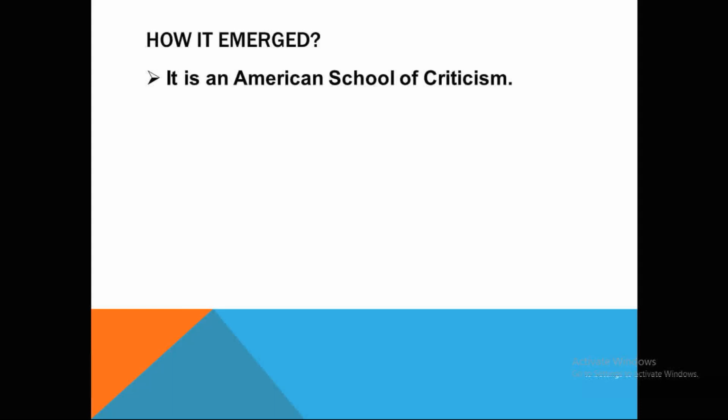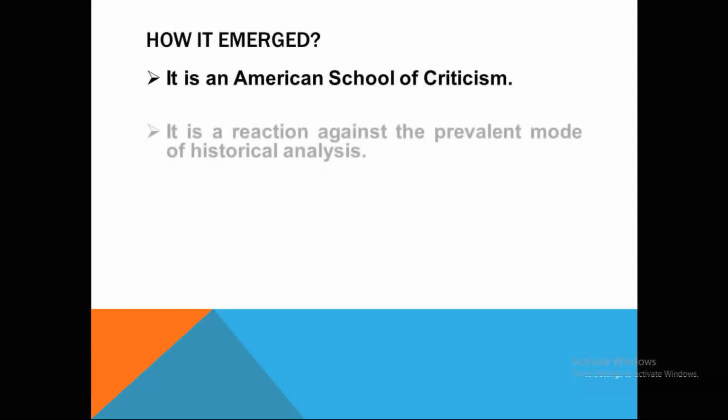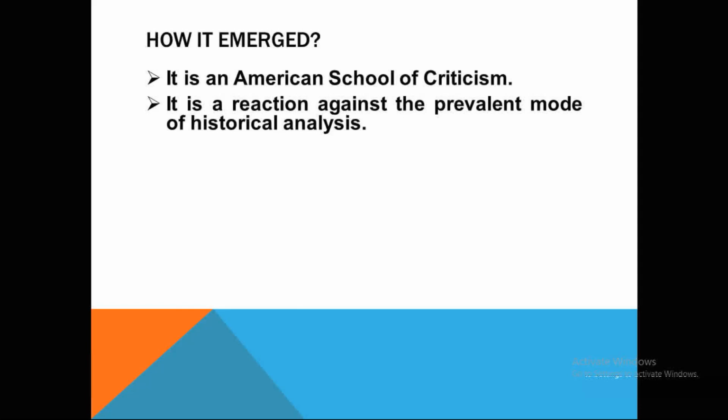New Criticism is an American school of criticism, and it was a reaction against the generally prevalent mode of historical analysis of literature. It emerged after the 1930s in America, maybe to be precise after the 1940s in America. We see that it had a great influence on its European counterpart also.